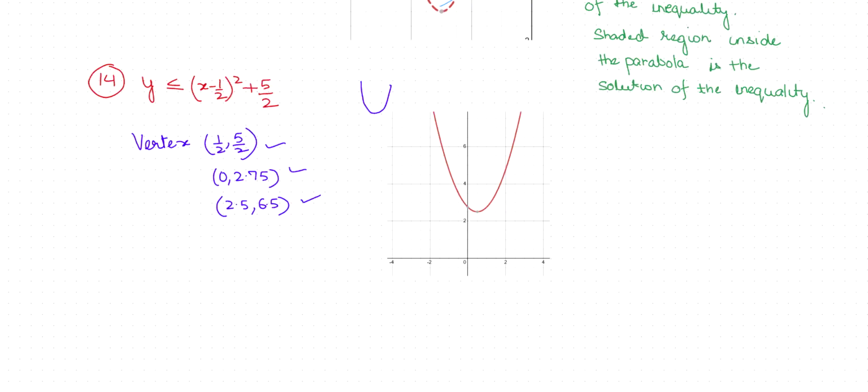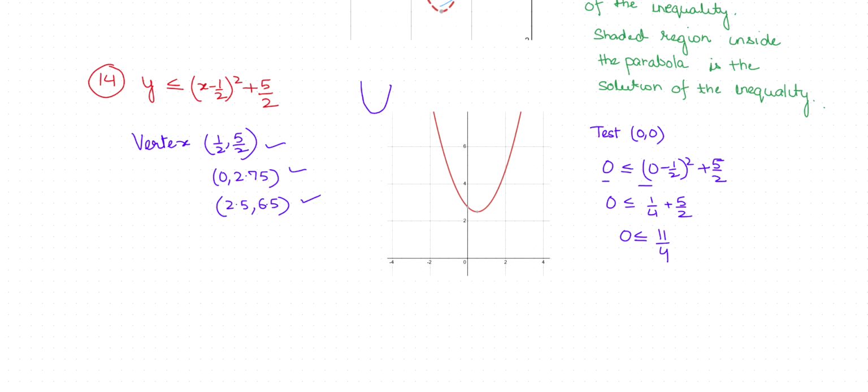Now, since the graph is not passing through 0, 0, it's easier to test for 0, 0. We can take any other point inside or outside the parabola and test for that, but 0, 0 is easier to test because the graph is not passing through it, otherwise we would have to take any other point. As we put 0 as x and 0 as y, the inequality says 0 is less than or equal to 11 by 4, and this is true.